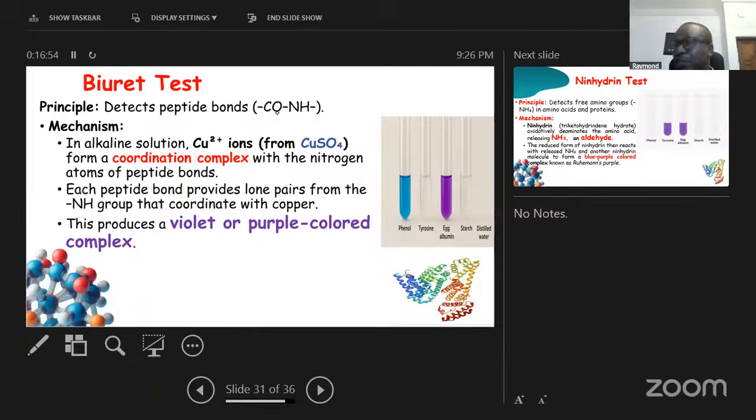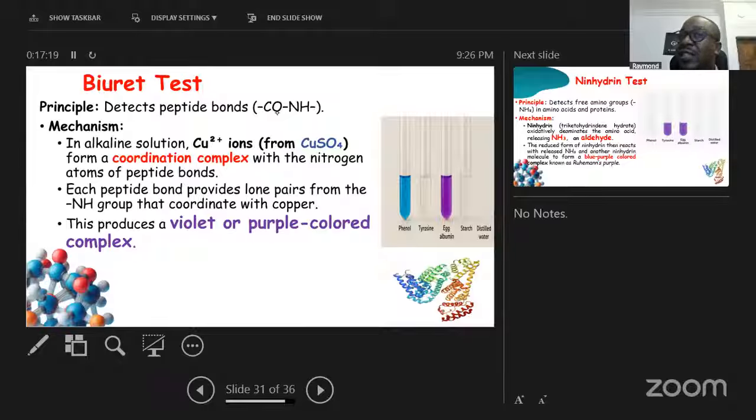Don't mind the color you're seeing there. The thyroxine will show blue, the starch will show blue, the distilled water will show blue. But the only indication that there is protein present is if the blue color changes to purple or violet.